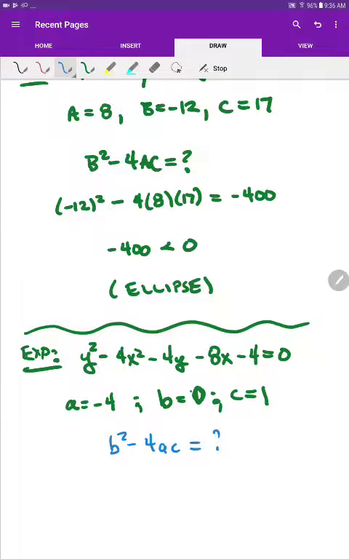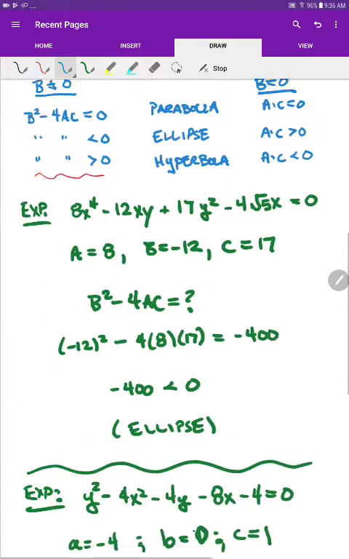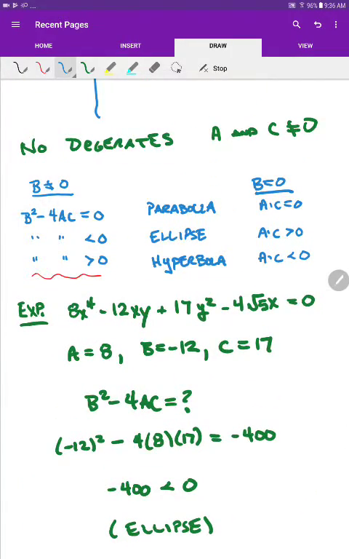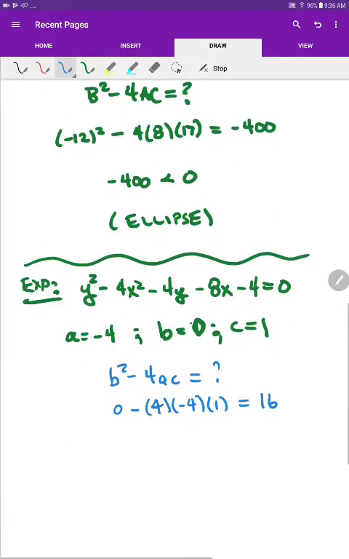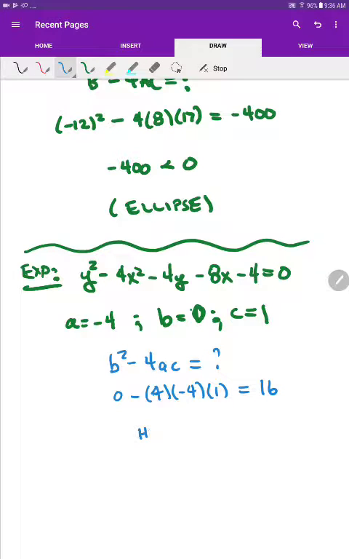I have 0 minus 4 times a, which is minus 4, and c is 1. We can see that that equals a positive 16. And if it's greater than 0, we have here a hyperbola.